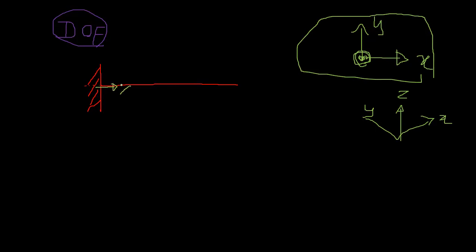It is restrained. That means the degree of freedom in the x direction is not allowed. It also cannot go in the y direction, either up or down. That degree of freedom is also restricted, right? The other thing is rotation about the z axis.